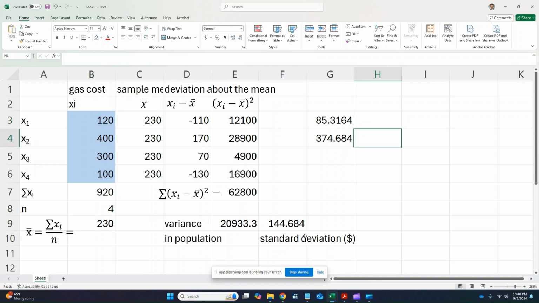And if we multiply the standard deviation by 2 and then subtract from the mean and add to the mean, we're going to get two more numbers. That's going to cover almost the full set of these numbers.